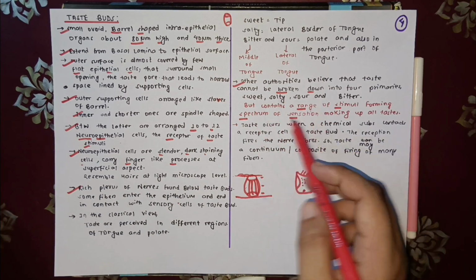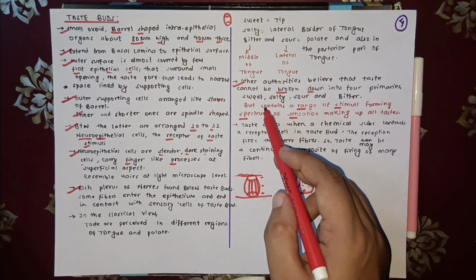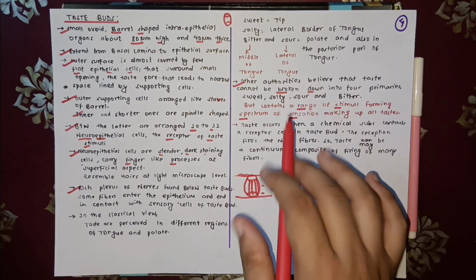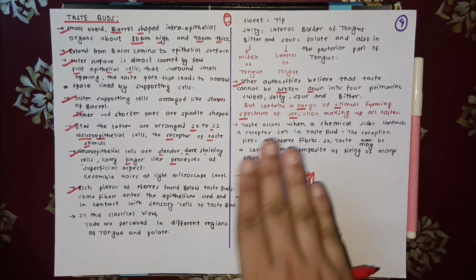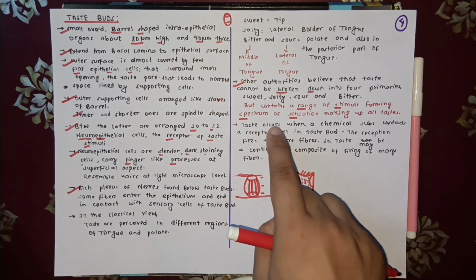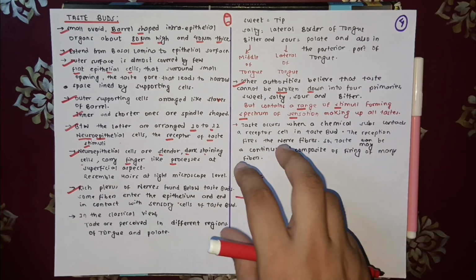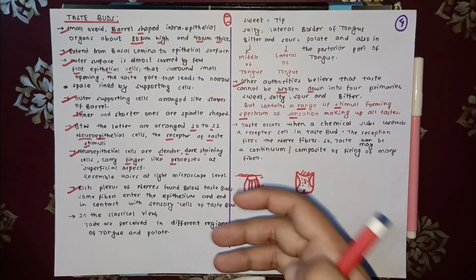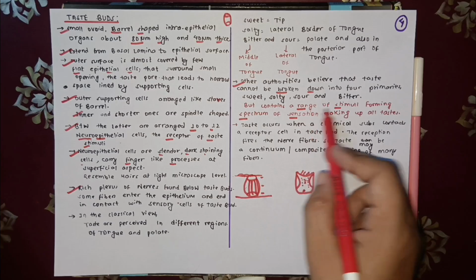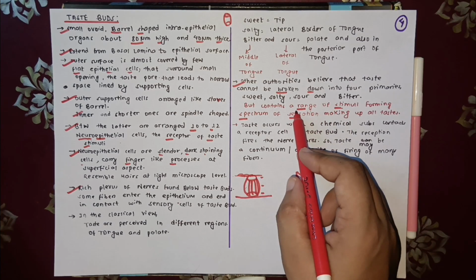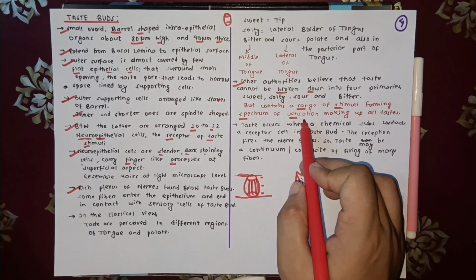The modern view tells us that we can't separate taste sensation into four primary tastes, like sweet, salty, sour or bitter, but those taste sensations contain a range of stimuli, and those form the spectrum of sensation making up all the tastes.